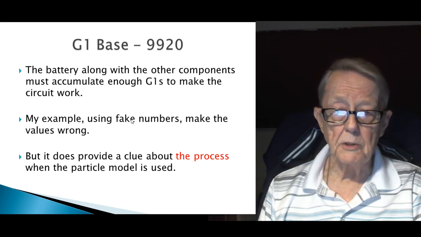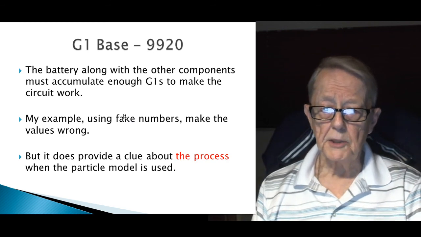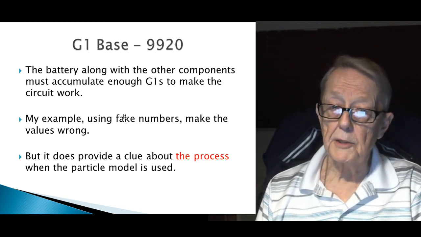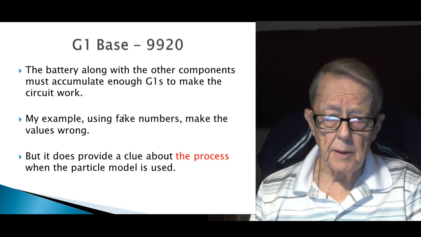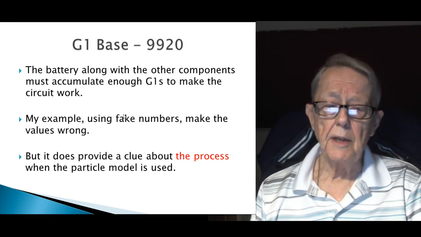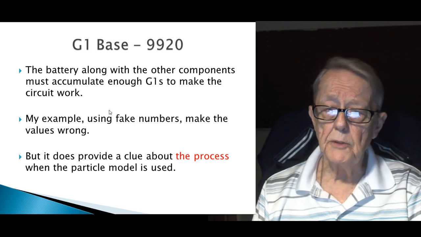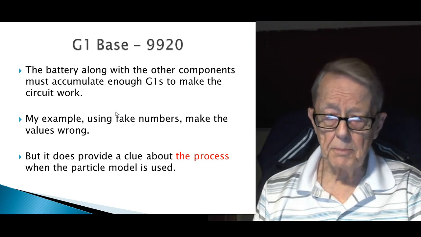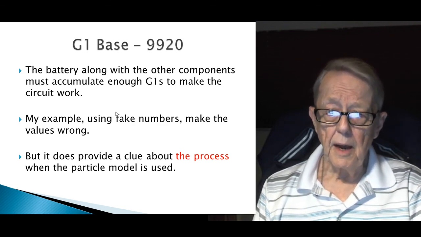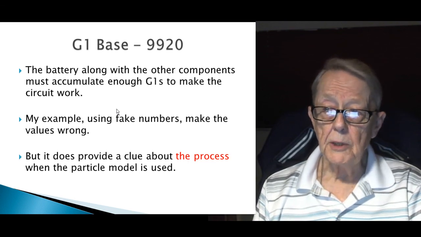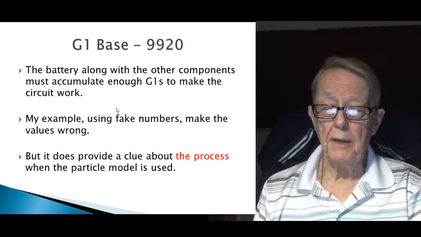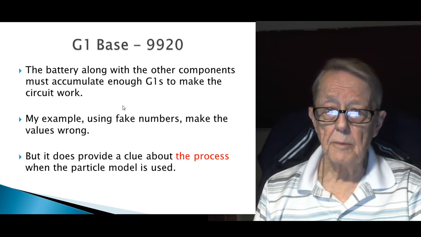Don't take the numbers literally, but this does provide a clue about the process. When the particle model is used, when a mechanical model is used, the loss of G1s relates to the voltage drop and how the circuit finds the number of G1s needed to make that system work.